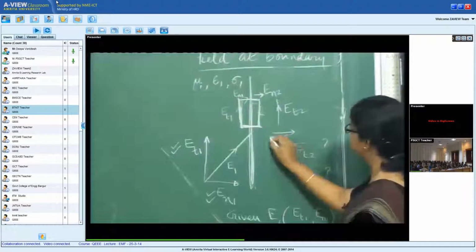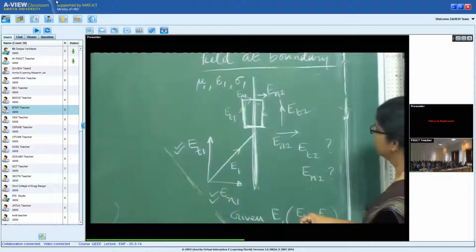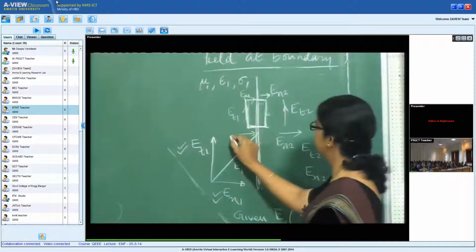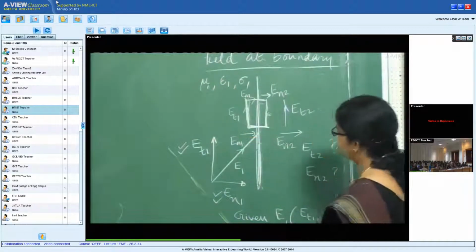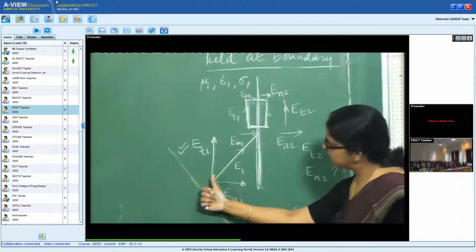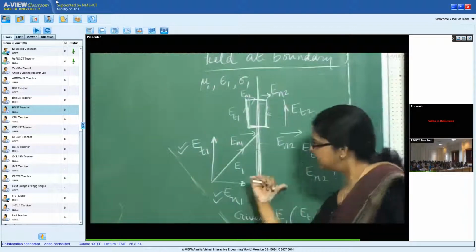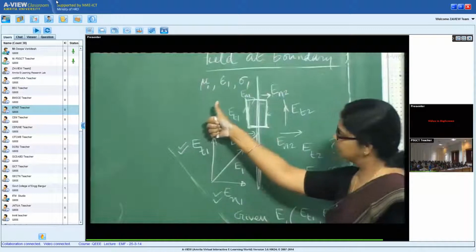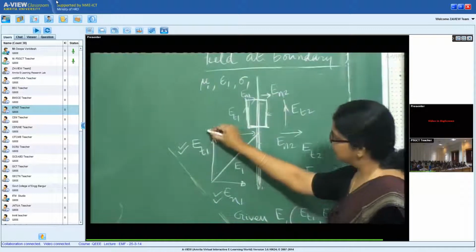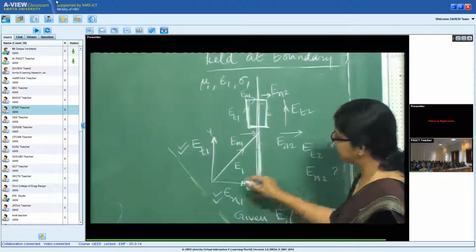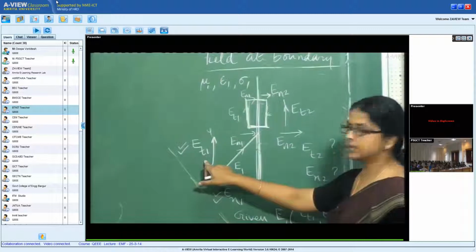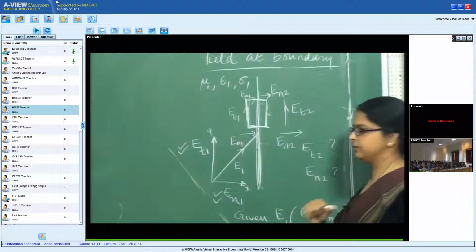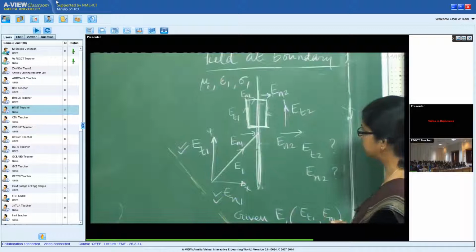This is my EN2 and this is my EN1. I am just following the fact that EN1 is along this direction, E tangential is along this direction. Let us say this is the y direction and this is the x direction. The positive y direction is tangential, the positive x direction is normal.